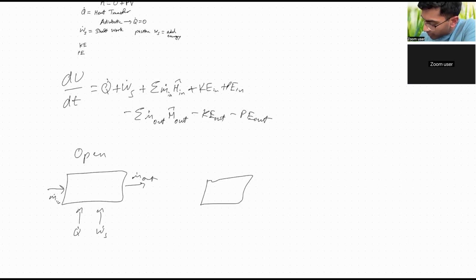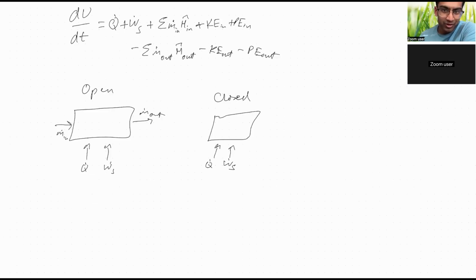There's no mass coming in or out, but you might have Q and shaft work. Closed systems are nice because you don't have anything coming in or out, the system just becomes dU/dt equals Q plus shaft work. So very nice, very easy. Closed systems are nice. Anyway, that's a general overview. So let's start by going through a practice problem.